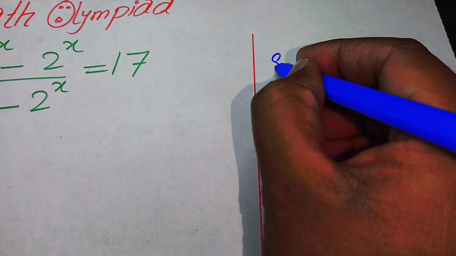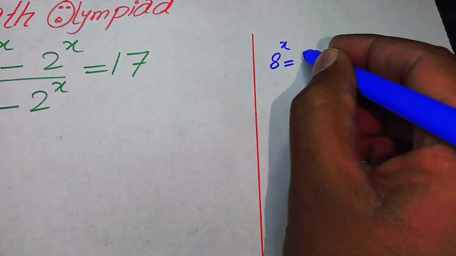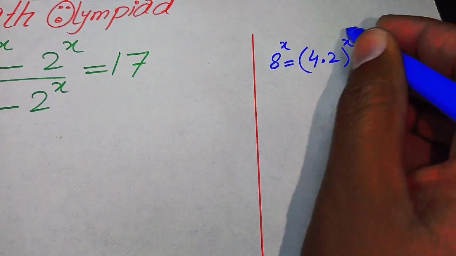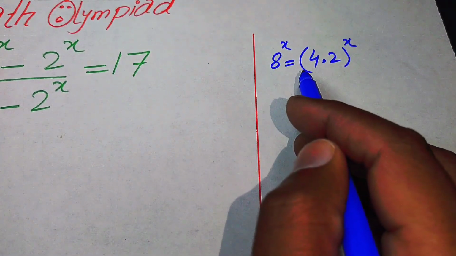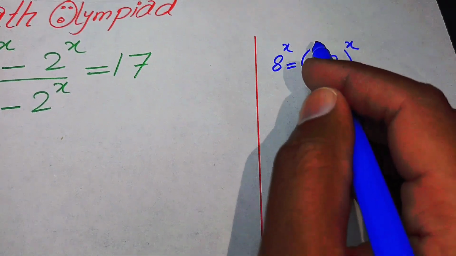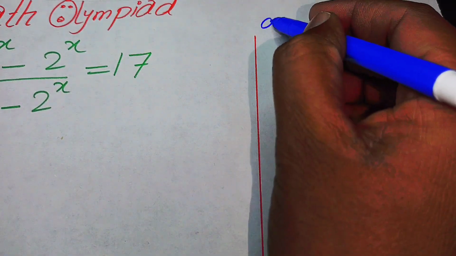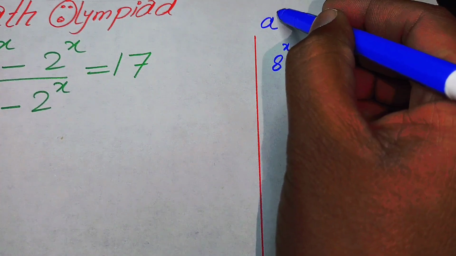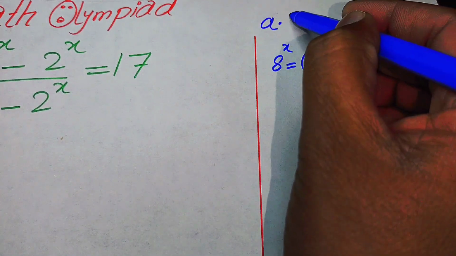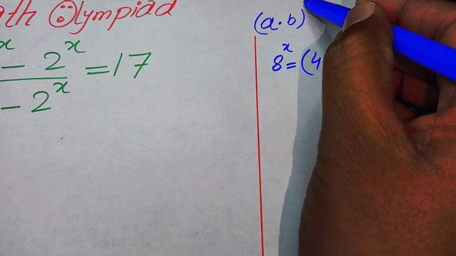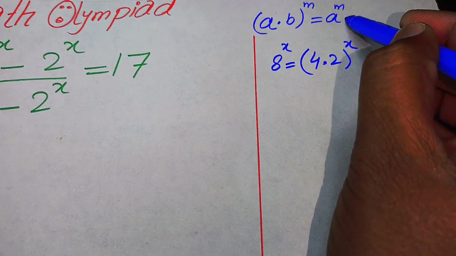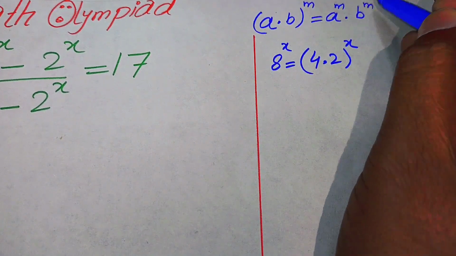We know that 8^x is equal to 4^x times 2^x. We write 8 as 4 times 2, so four 2s are 8, and after that we apply this exponent law: if we have a^m multiplied by b^m, it is equal to (a·b)^m.